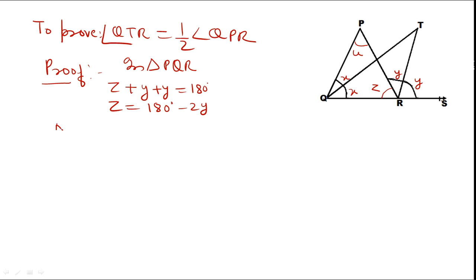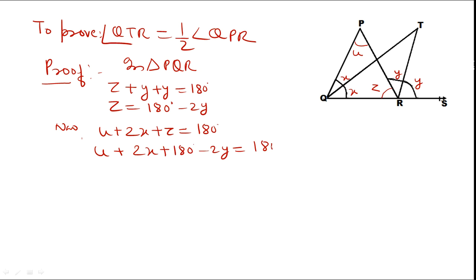Now U plus 2x plus Z is also 180 degree. So I will be writing U plus 2x, and in place of Z I can write 180 minus 2y is equal to 180 degree. So 180 cancel out.